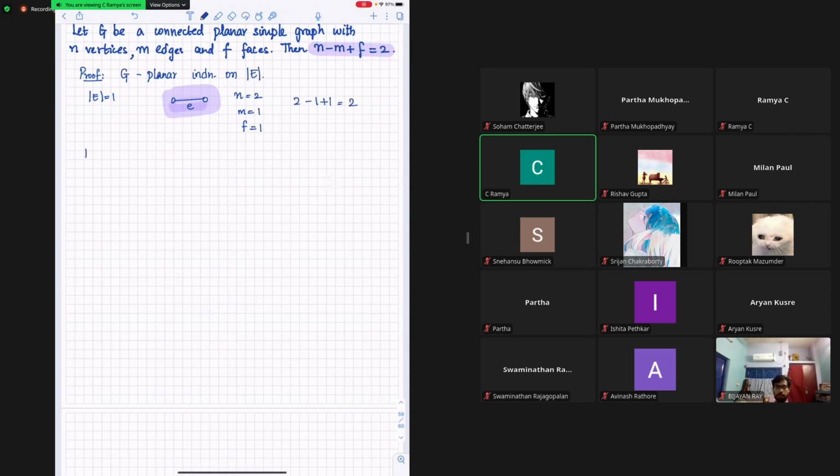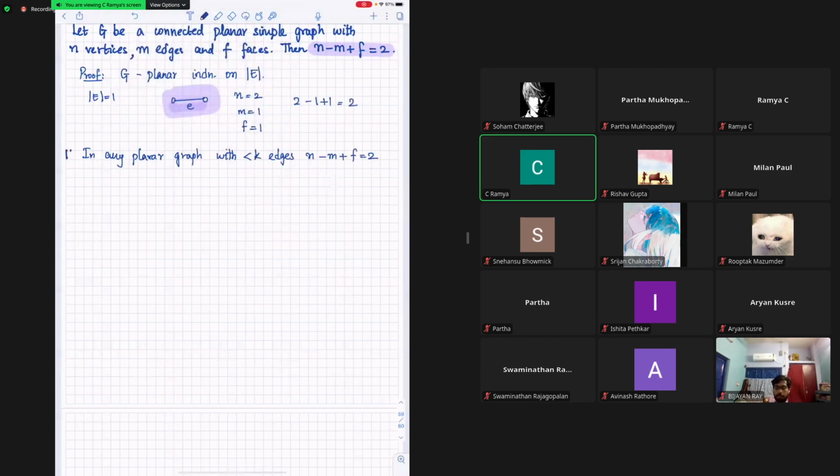So now let's assume that in any planar graph, simple connected, with less than k edges, we have that n minus m plus f is 2.